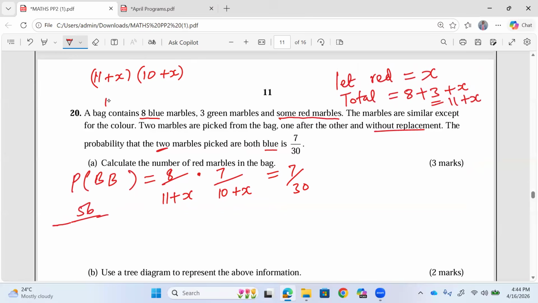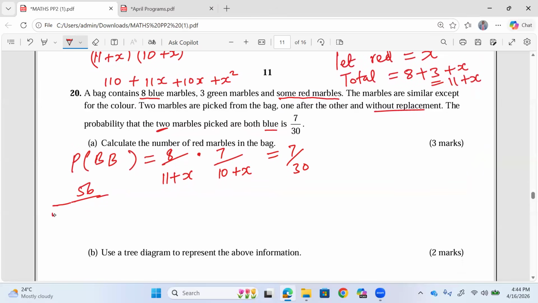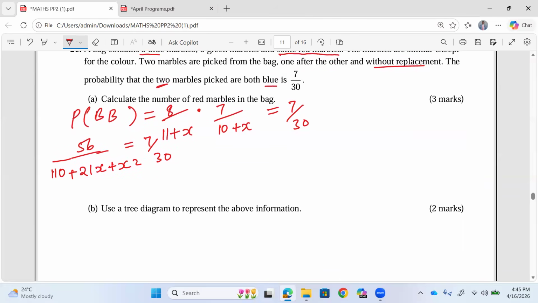This is now going to be 110 plus 11x plus 10x plus x squared. So this is 110 plus 21x plus x squared. Now this is equal to 7 over 30. So now we can simplify. Cross multiplication will have 56 by 30 and 7 by 110 plus 21x plus x squared.